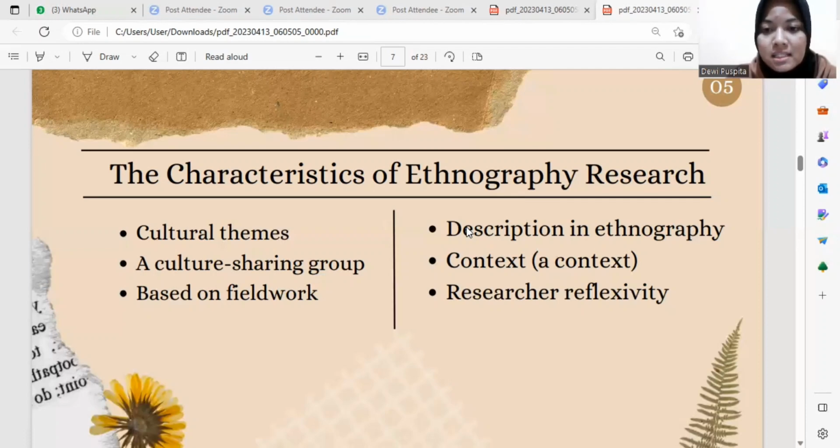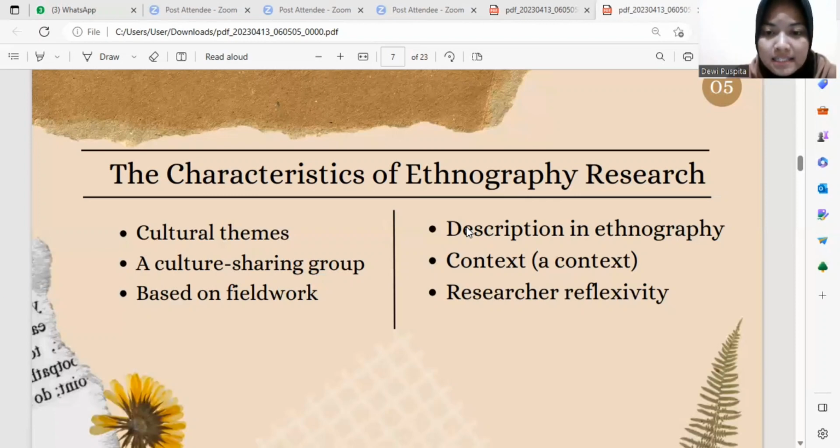And the next is description in ethnography. The description in ethnography contains a detailed description and explanation of what the object did during the research. And the next is context. The context in ethnographic research is the overall setting of the place, situation, or environment surrounding the cultural group under study.